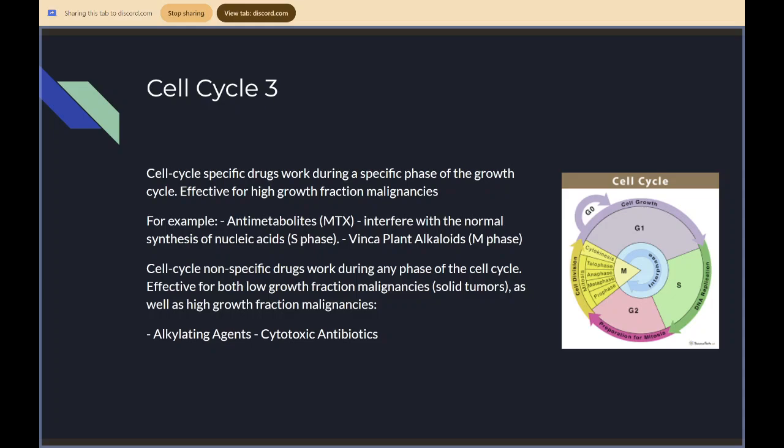So the antimetabolites like methotrexate interfere with the normal synthesis of nucleic acid in the S phase. And in the M phase, we count on the plant alkaloids. The non-specific drugs work during any phase of the cell cycle, and these are effective for solid tumors that we consider low growth fraction as well as high growth fraction.